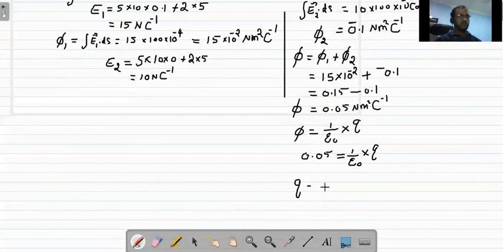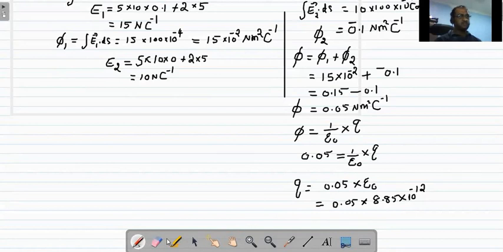So q is equal to 0.05 multiplied by epsilon naught. The value of epsilon naught is 8.85 into 10 raised to minus 12.